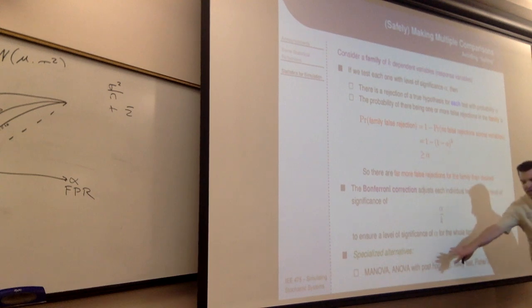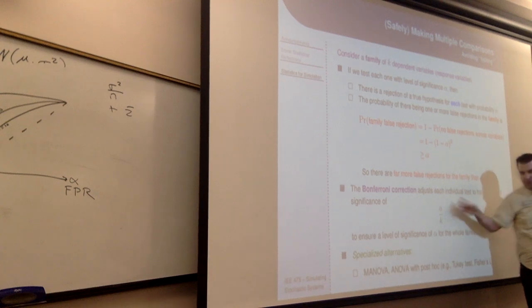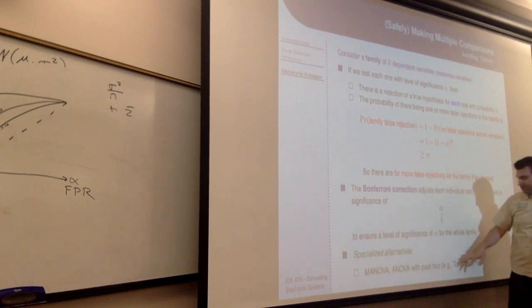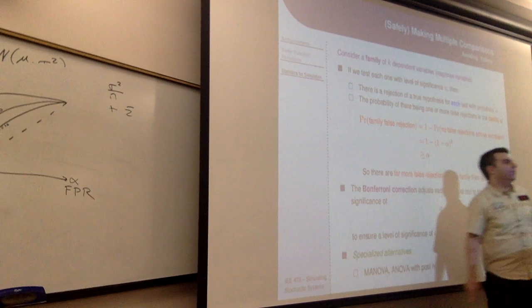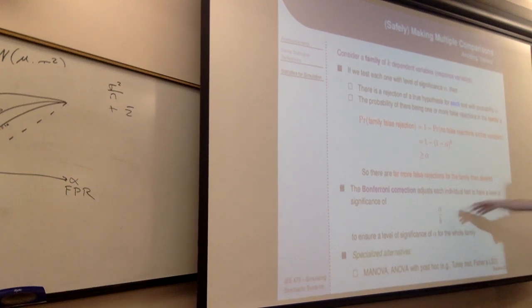But all of this stuff has been invented to deal with exactly this problem. So this is a real problem that's out there. For now, I'll say the Bonferroni correction is the easy thing to do, but if you happen to have access to statistical tools where you see these words pop up, Tukey test, Fisher's LSD, MANOVA, this is the preferred way to do it. But in a pinch, this is not a bad way.